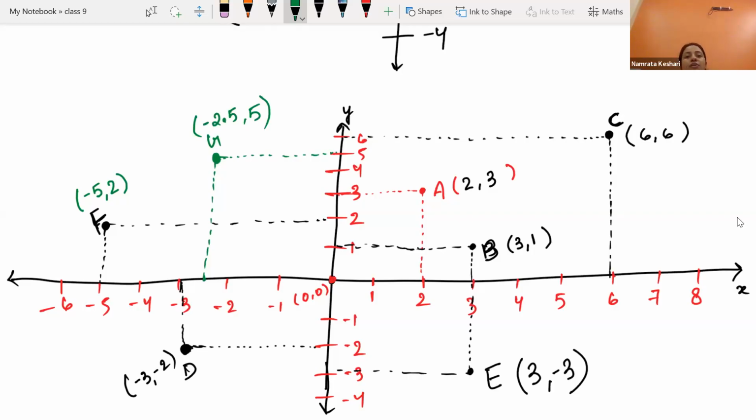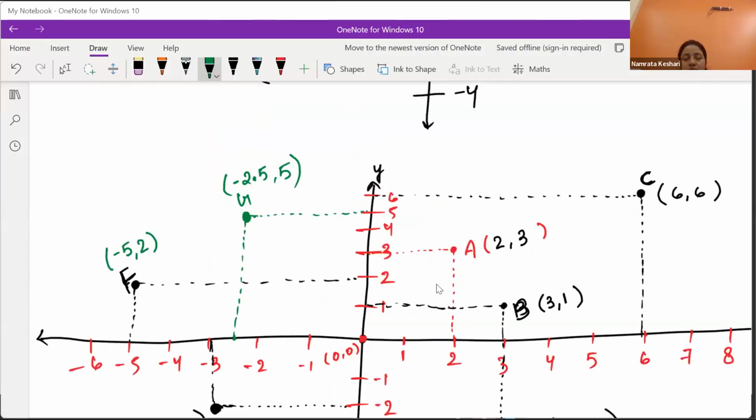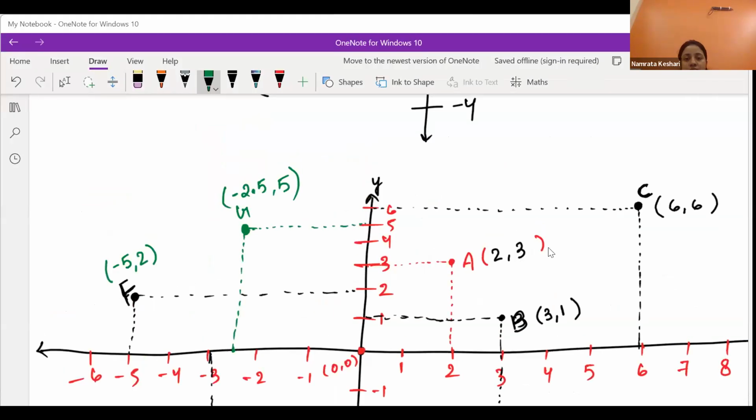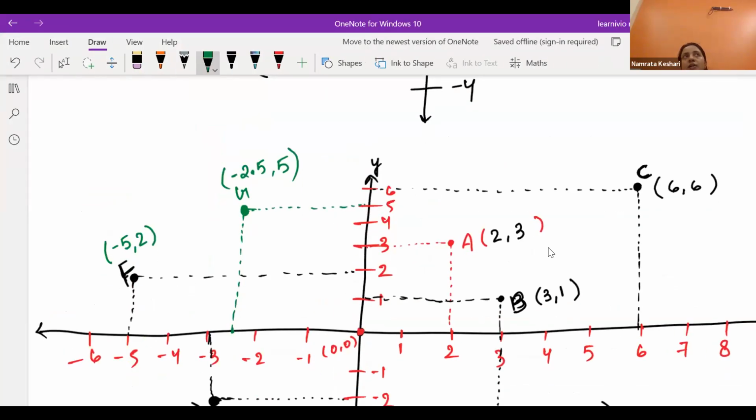So far, anyone having any confusion? No, ma'am. Ma'am, if that line is not in the middle, like it is closer to 2, then will it still be 2.5? If the line is not exactly in between, okay, always you will be having a proper coordinate.